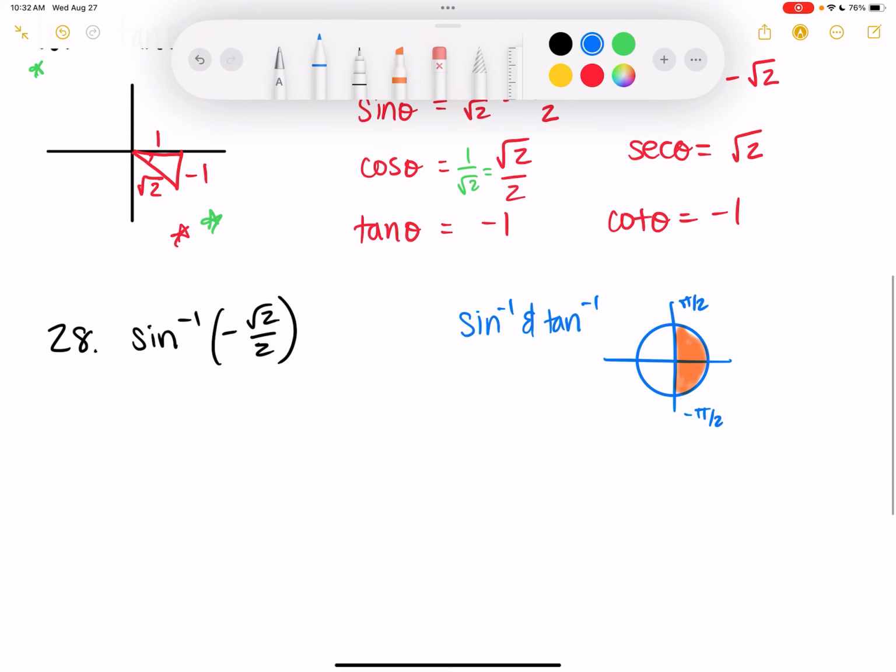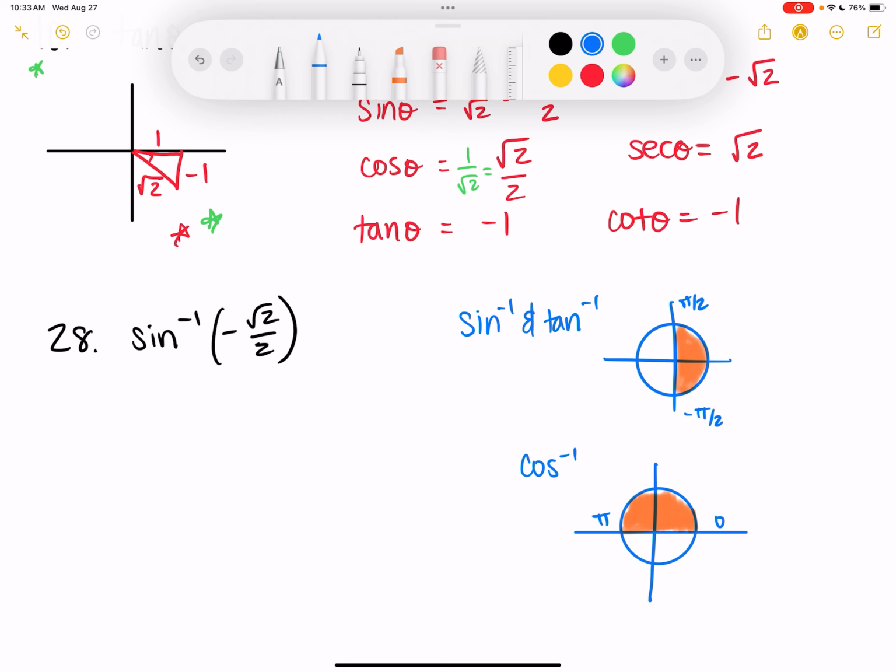And then the inverse cosine is on top, from 0 to π. So just be mindful of that when we do this.